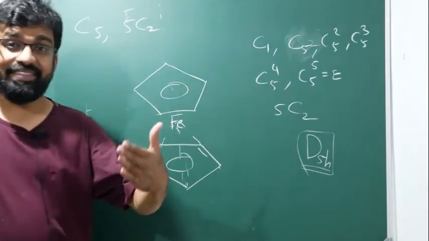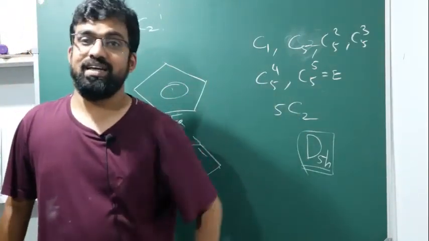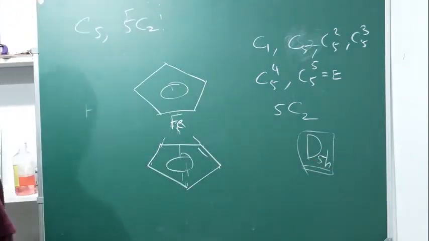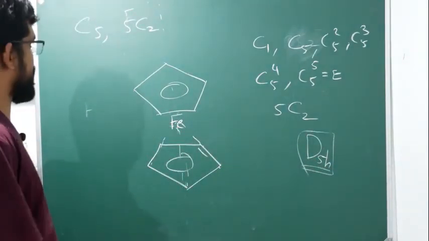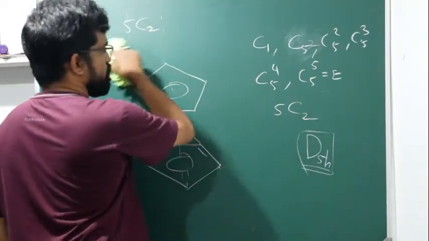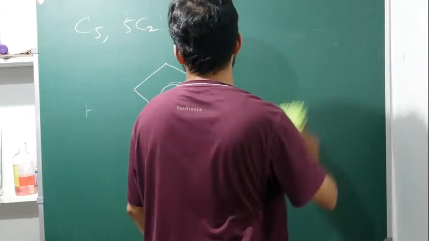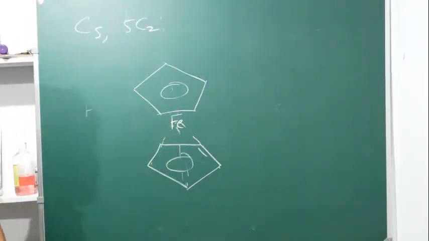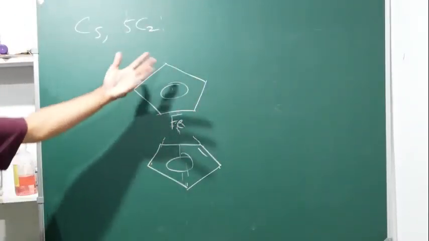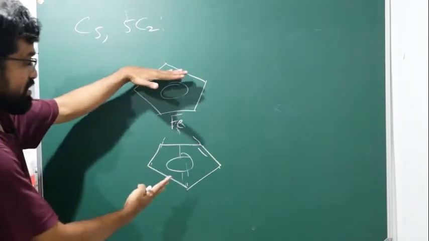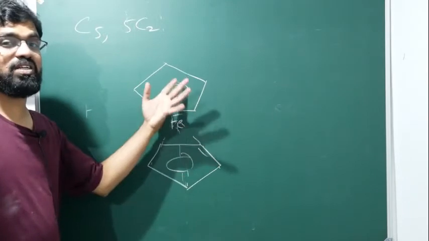Td and Oh have tetrahedral or octahedral geometry, and Ih, don't worry, you only look at that symmetry if it is like that. But here 5 C2s are there, so it is automatically Dn, and sigma h is not there because the rings are not exactly mirror planes to each other.